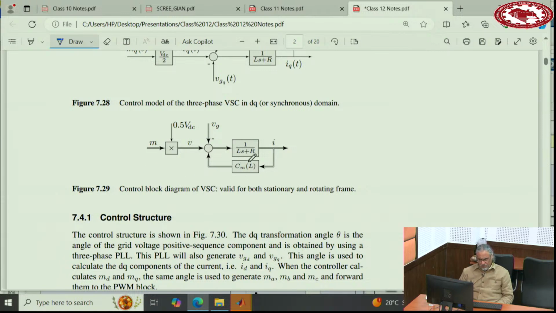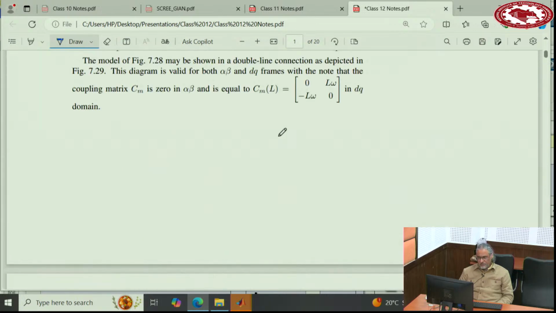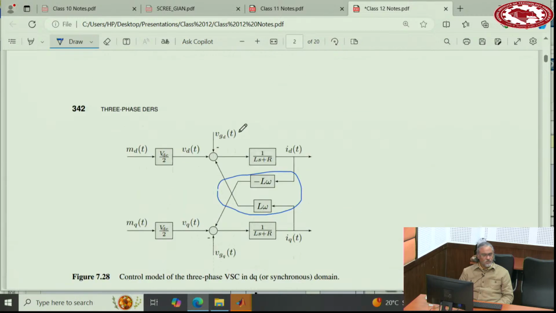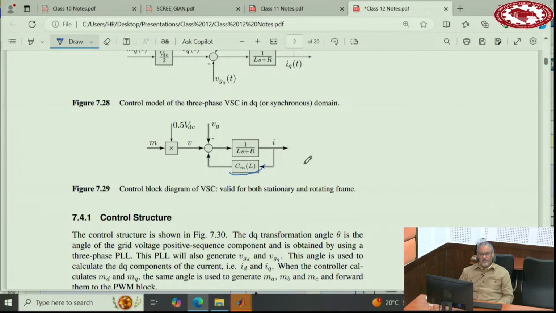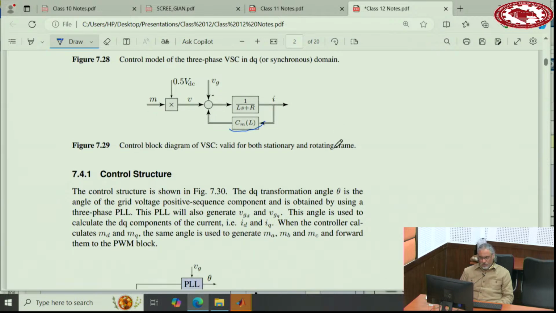And if you put this Cm equal to this matrix here, now this represents the dq domain. So this representation is valid for both alpha beta and dq depending on whether Cm is 0 or this given matrix. Okay. So basically there is a coupling between the two channels.